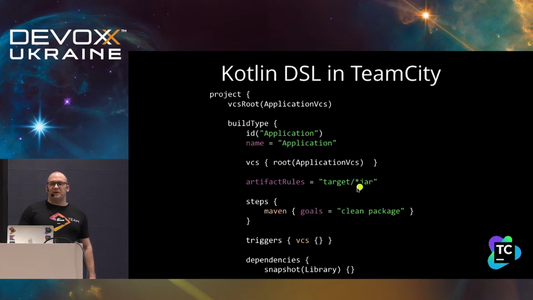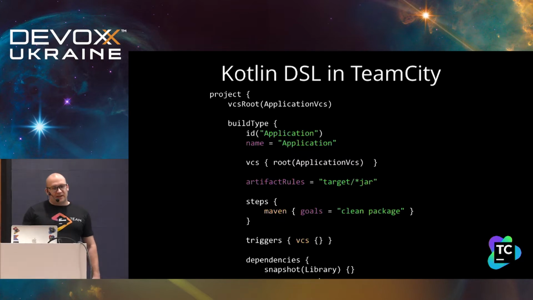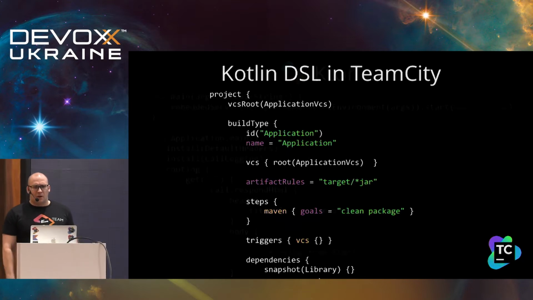What kind of artifacts it should expose after the build, how to build it, what kind of triggers there should be, either a scheduled trigger every half an hour or on every commit, and the dependencies on some other builds. So it's pretty readable. Validated at compile time before the build actually starts, and therefore it's safe.